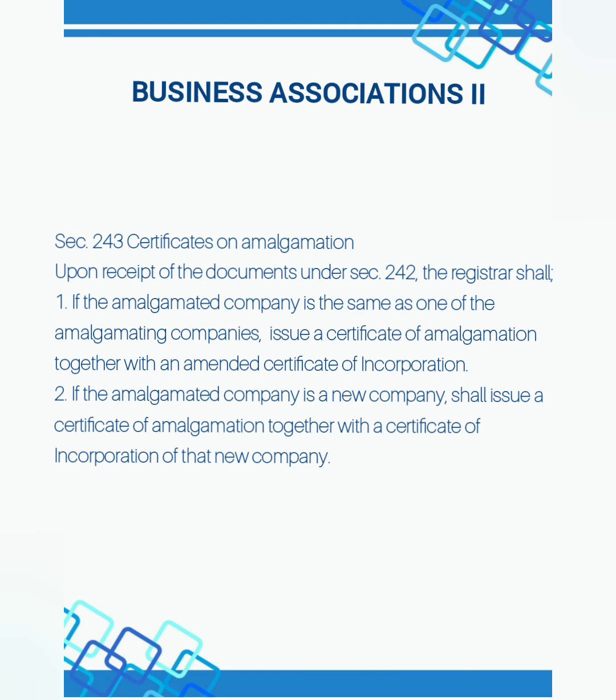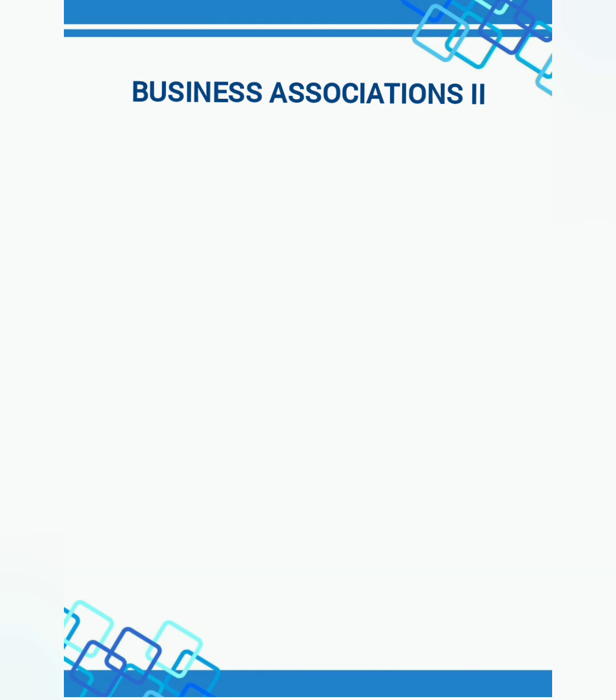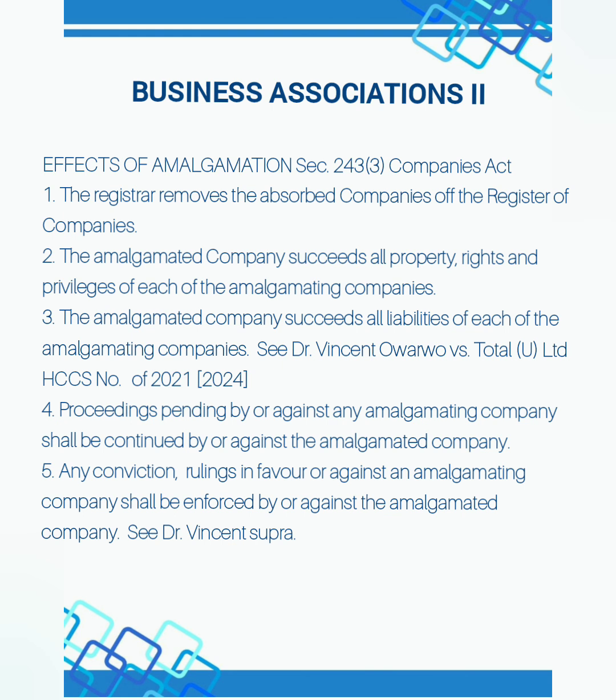Anyways, let's look at the effects of amalgamation. Section 243, subsection 3, I think. A, on the day shown in the certificate of amalgamation, the amalgamation becomes effective. B, the registrar must remove the amalgamating companies other than the amalgamated company from the register. I've talked about this.